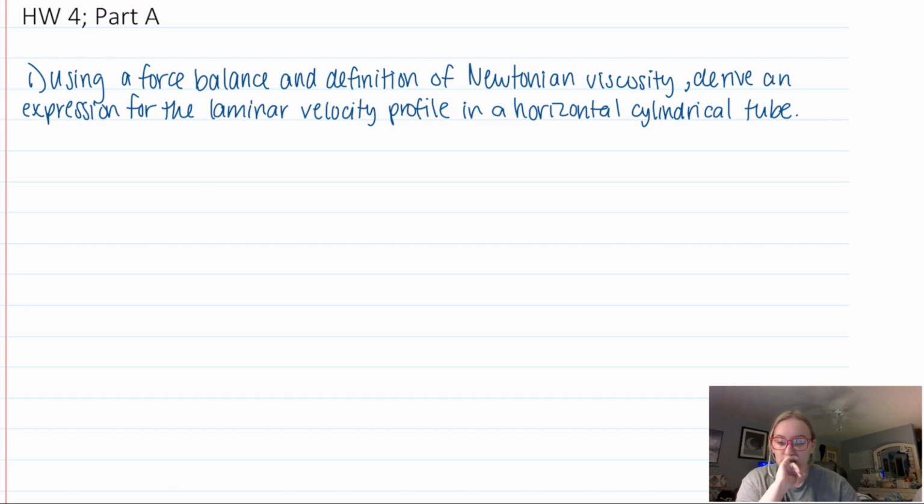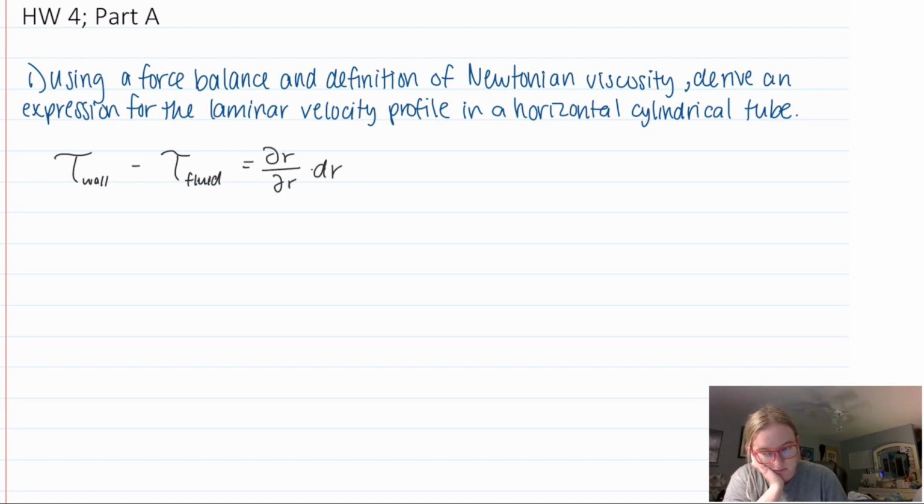So the force balance in the radial direction would then be expressed as tau wall minus tau fluid equals dP/dx times dr, where tau wall is the shear stress at the wall of the tube, and tau fluid is the shear stress exerted by the fluid on its surroundings.